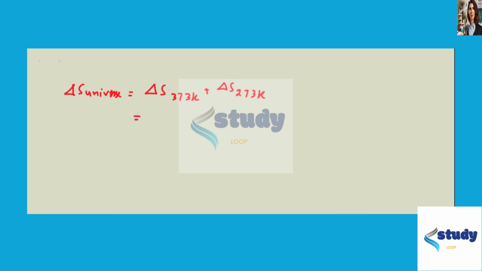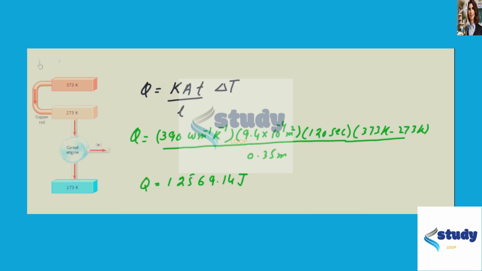So this gives us change in entropy of universe equal to minus Q upon 373 as heat is released by a reservoir having temperature of 373 Kelvin.